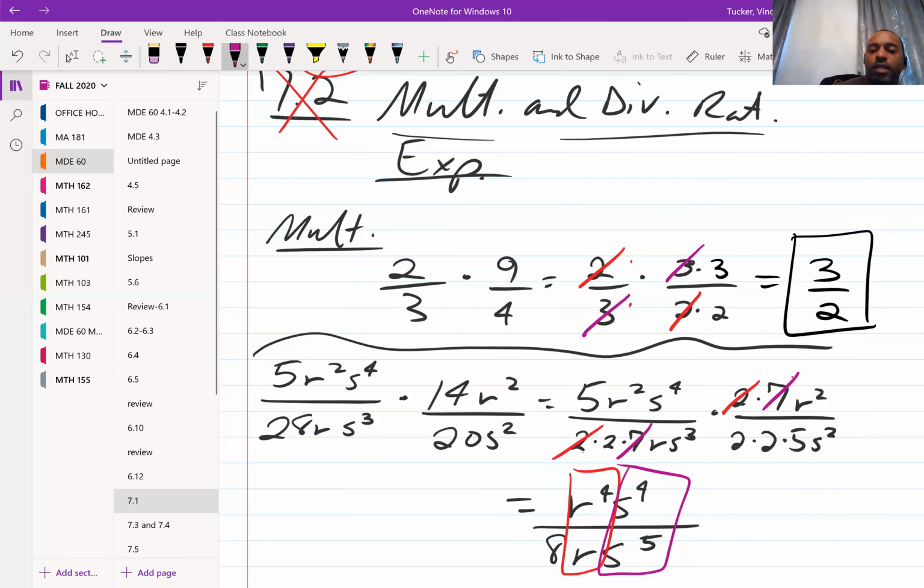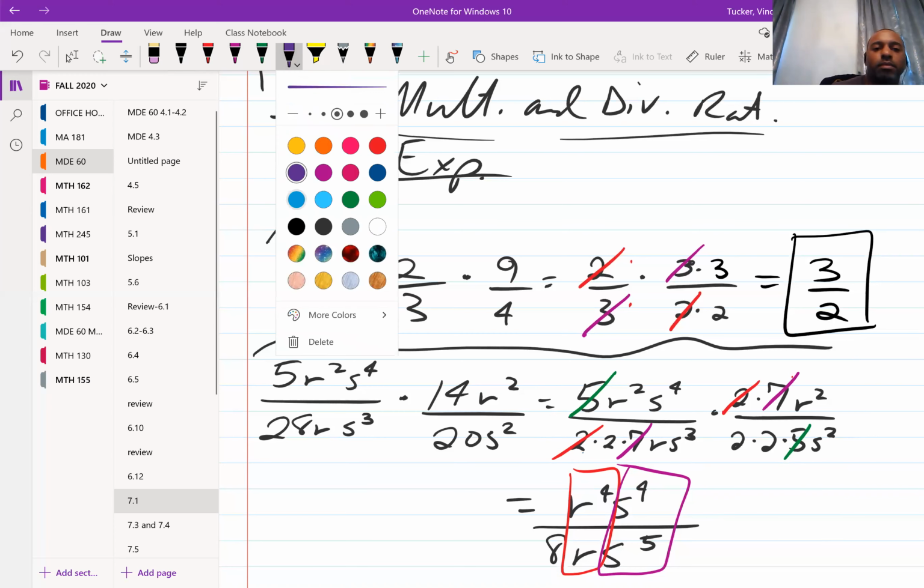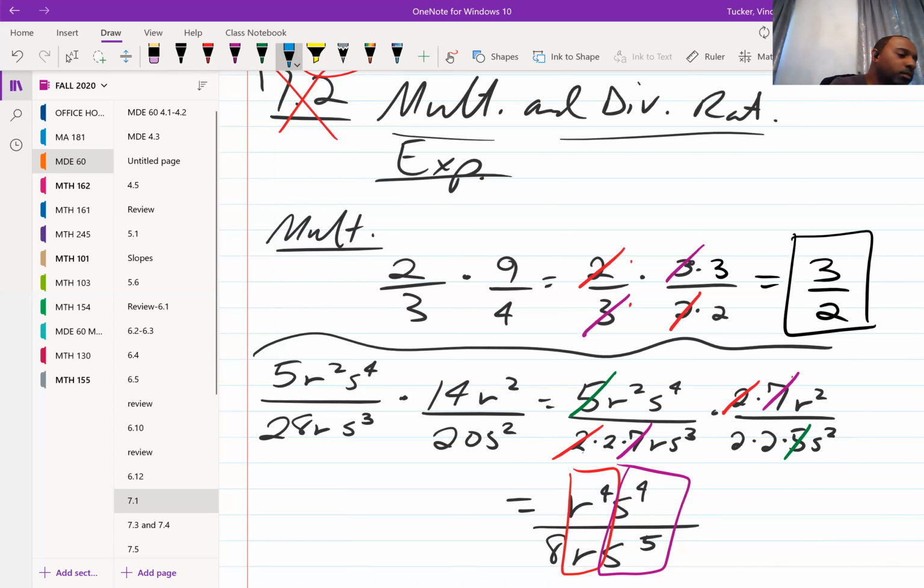There's a 7 that's in common with the top and bottom. And there's a 5 that's in common with the top and bottom. All right, everybody okay with that? So as far as your regular numbers are concerned, what's left in the top is just 1 because all of the numbers canceled. And in our bottom, we have 2 times 2 times 2, and that's why we have 8 in our denominator.